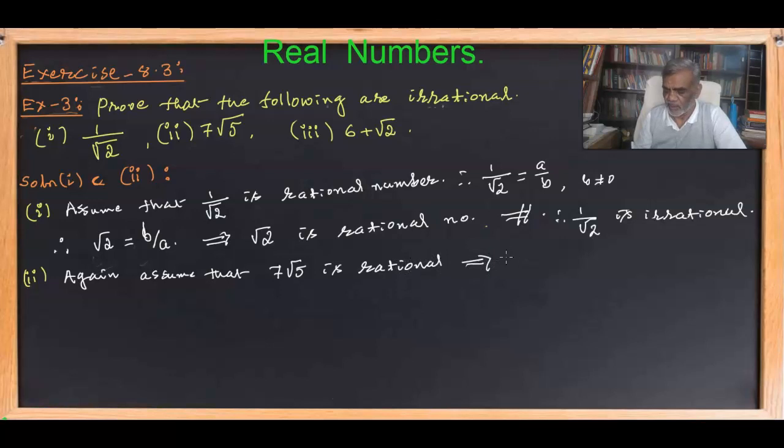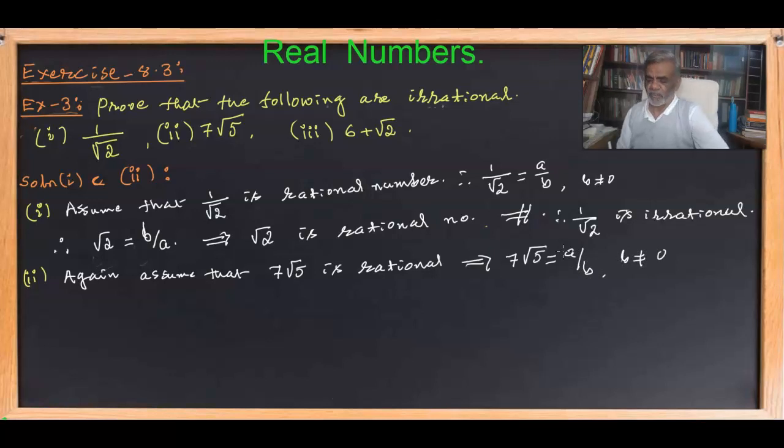This implies 7 into root 5 is equal to a by b, where b is not equal to 0 and a and b are some integers, positive or negative, whatever it may be.